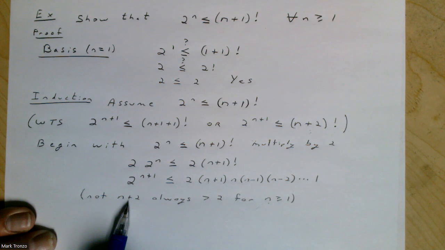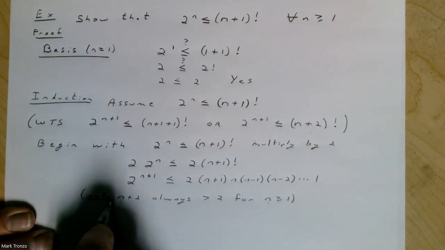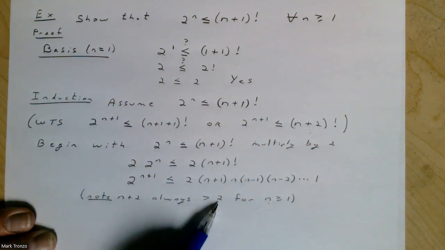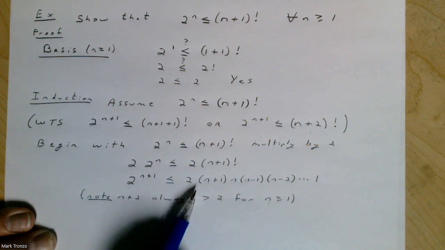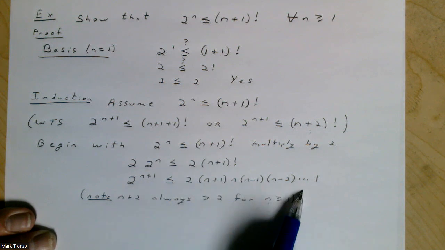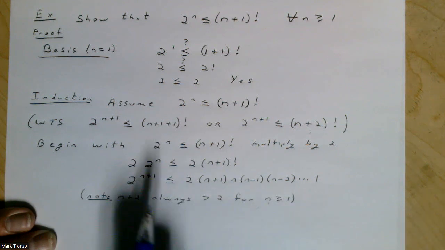So that means if we multiply this by a number that's bigger than 2, this side will still be bigger than that side.